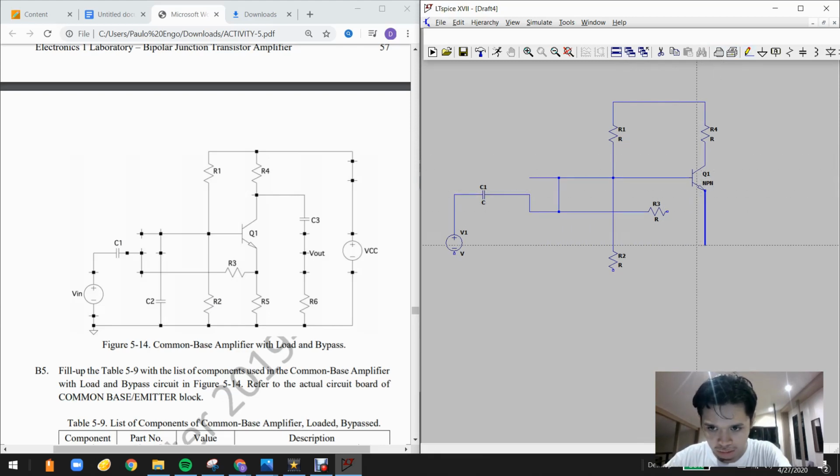Going down. There we go. There's our R5. Let's connect this one to that line. Where's C2? Okay, C2's here. Let's go down. So that's where our C2 is. Now connect the rest.